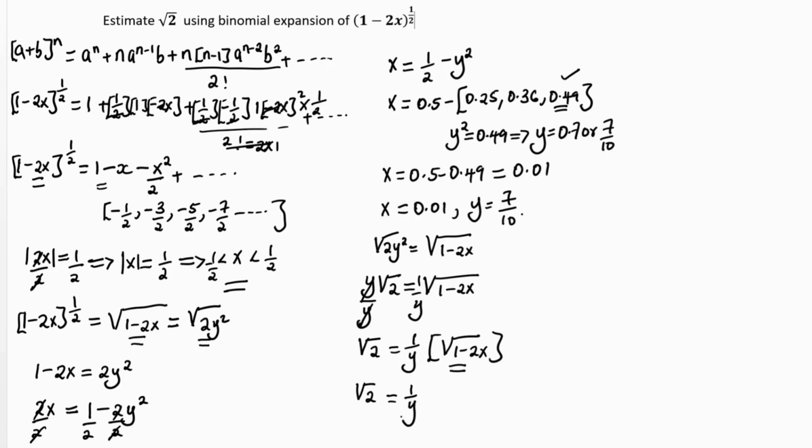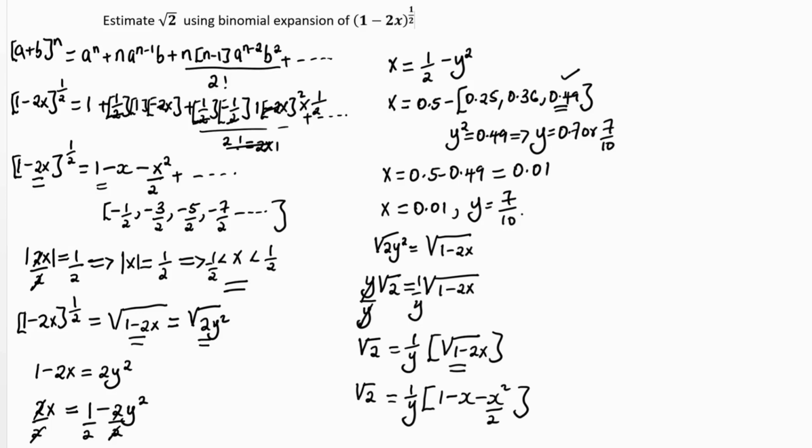Therefore, root of 2 is given by 1 all over y into (1 minus x minus x squared all over 2).